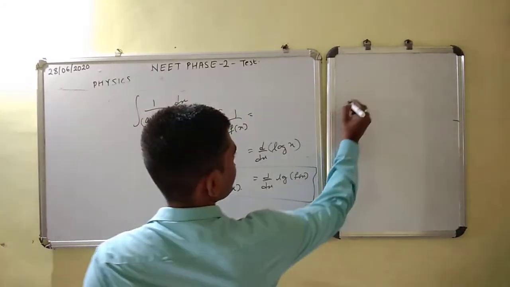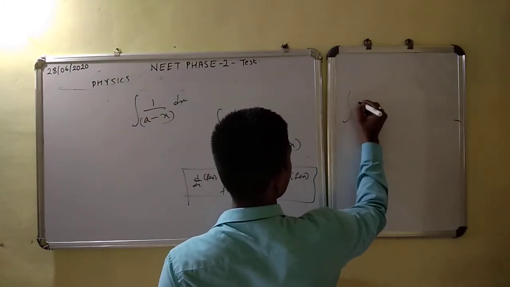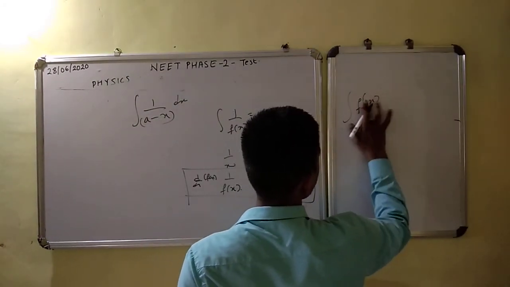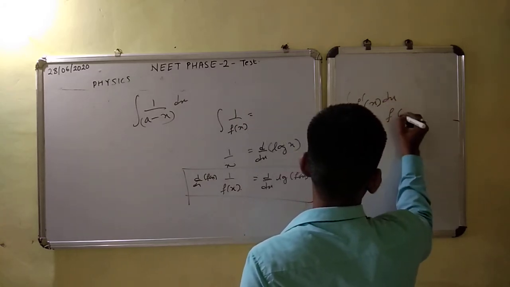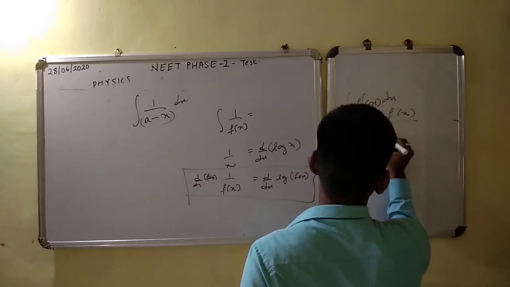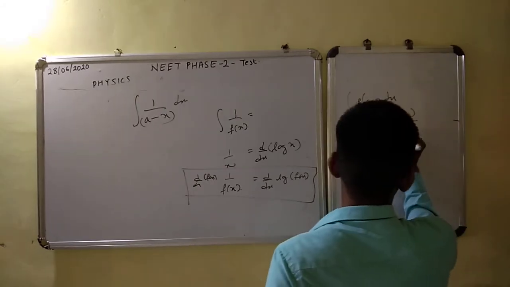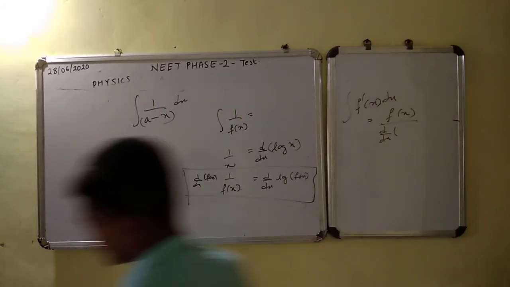What is that? The integration of f dash of x dx equals what? f of x into what? d dx of the term within. We will write it properly.